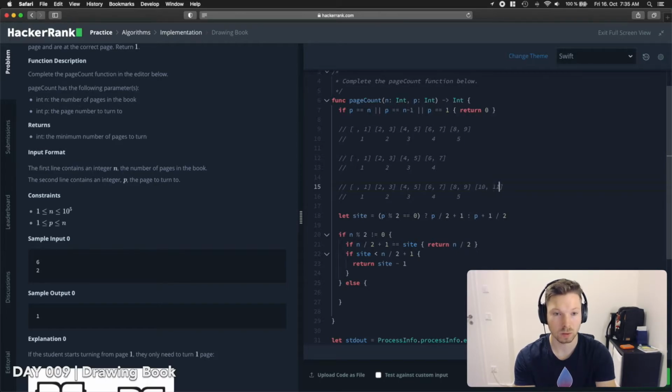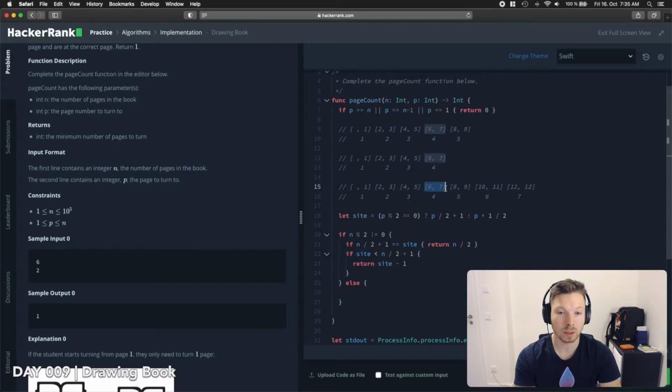Say 10 and 11. And 12 and 13. So for example, n divided by 2 is 3, so it's 4, that's the middle.